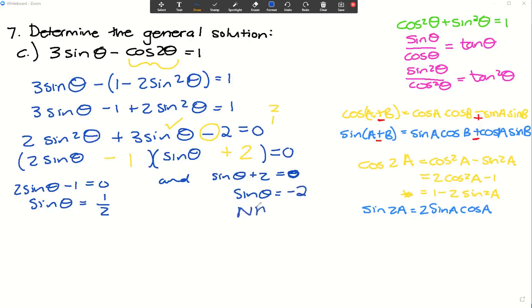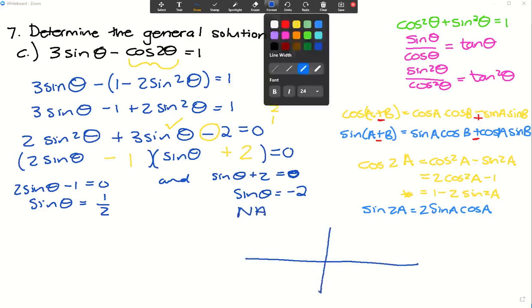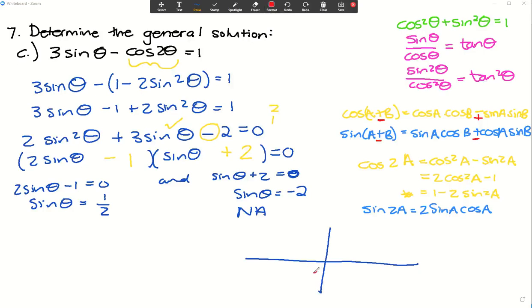Now, this is not applicable. I'm going to show you why. You guys have drawn your sine graph. You know that when you draw your sine graph, let's draw the graph in red. It goes up through 0, and it goes down, and it goes up, right? That's your sine graph.